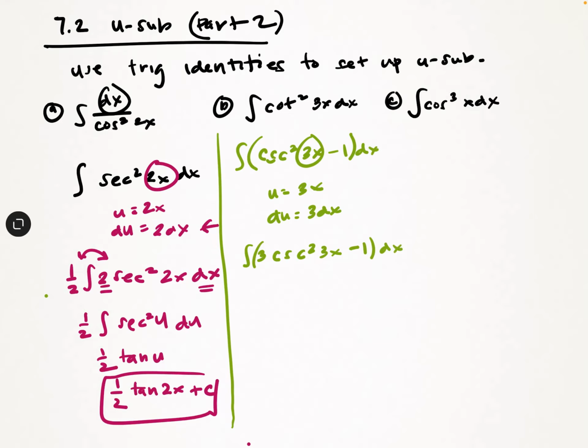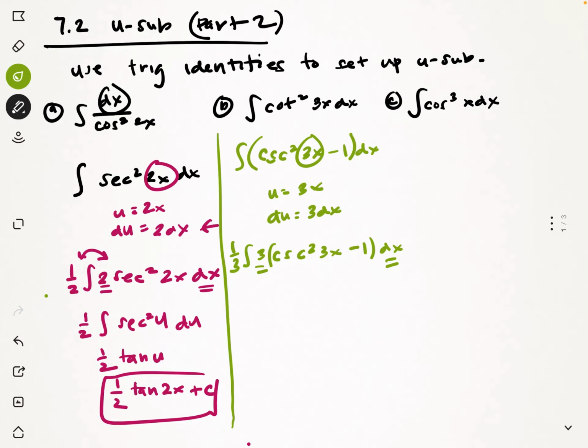Actually, I think I want to put that 3 outside the parentheses. Not sure if it matters, but it looks better that way because then we have our 3 dx all together. We don't have to worry about pulling it out of the parentheses. And then we have to balance that 3 with the 1/3 outside.